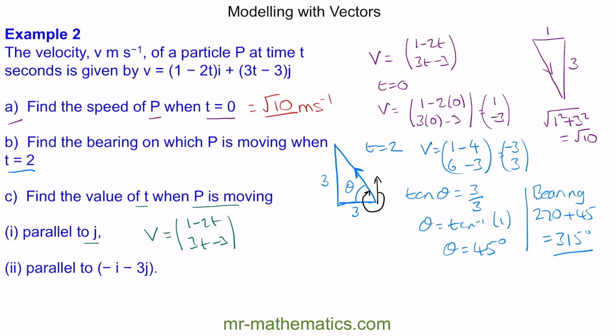We know that the i component is 0, because it's only moving up or down parallel to j. So now we have an equation where 1 minus 2t equals 0. We can solve to work out t, so 1 will equal 2t, t will equal 1/2. So after 1/2 of a second, we are traveling parallel to the j-axis.